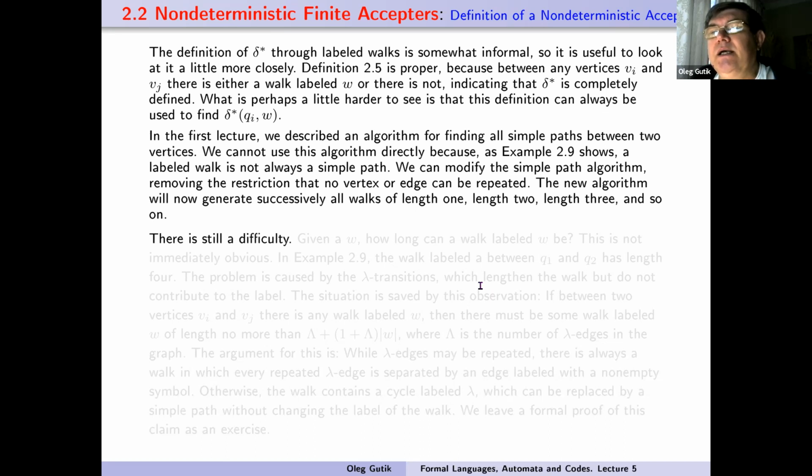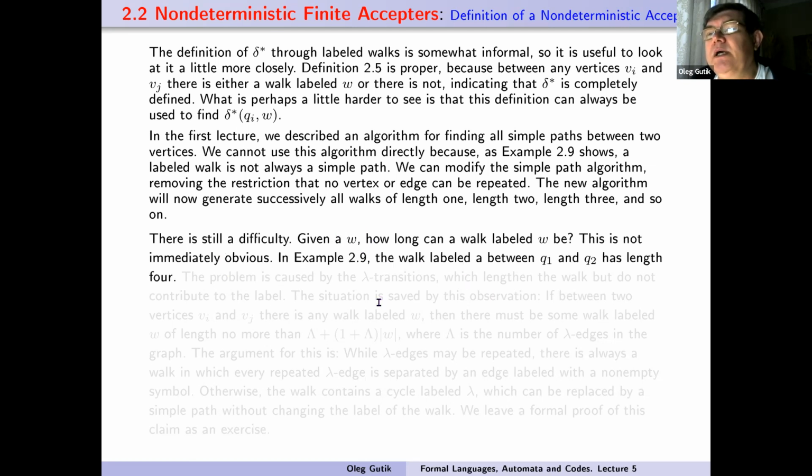There is still a difficulty. Given a string w, how long can a walk labeled by w be? This is not immediately obvious.